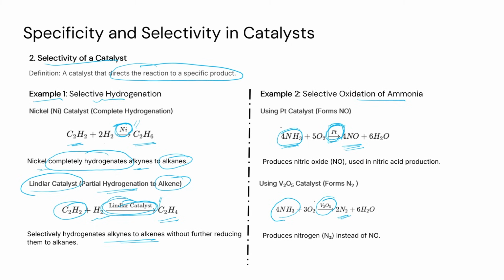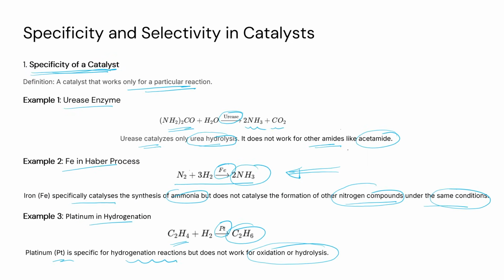So the oxidation of ammonia technically can result in formation of multiple products. But depending upon what catalyst you use, you can direct the product formation. In case of platinum as a catalyst, you are selectively forming nitric oxide.